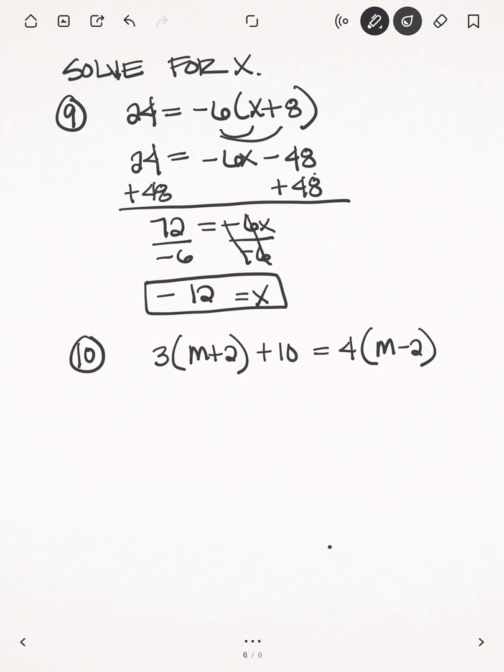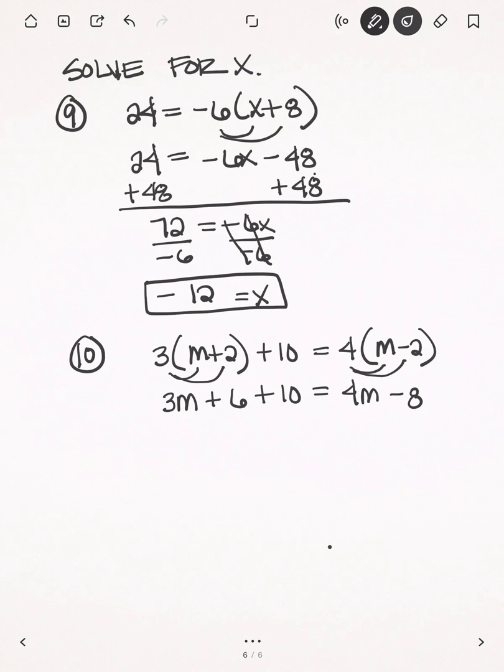Okay, so let's go ahead and get rid of the parentheses. Here we're going to get 3 times m is 3m, and 3 times a +2 is a +6. Rewrite the plus 10, the equal sign, and distribute here. 4 times m is 4m, and 4 times -2 would be -8.